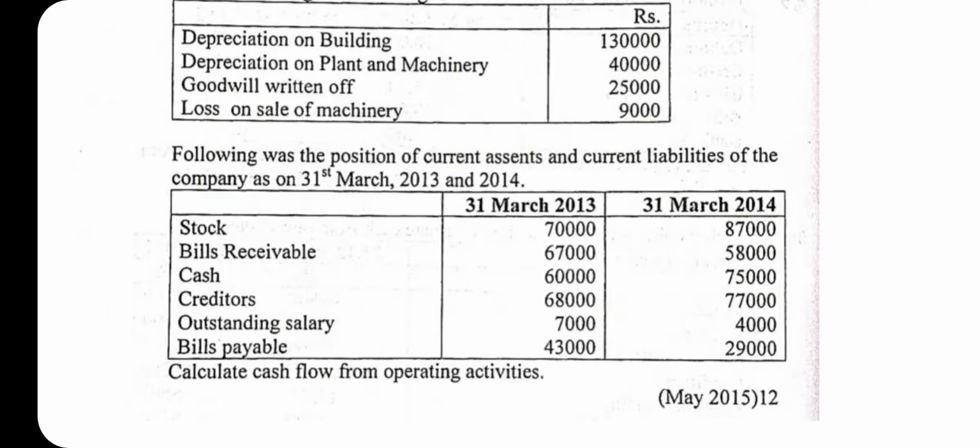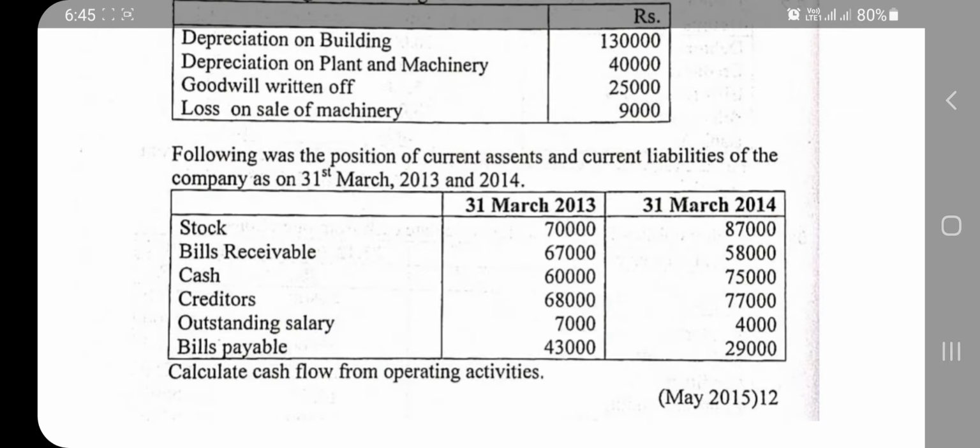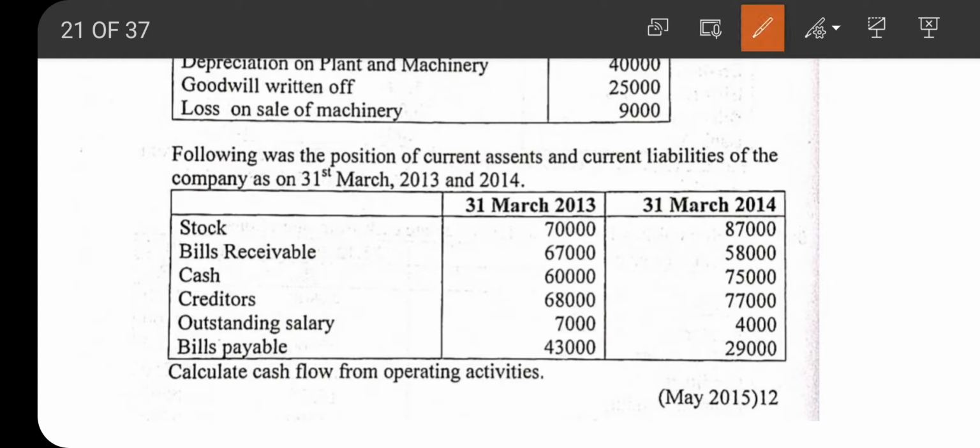Following was the position of current assets and current liabilities of the company as on 31st March 2013 and 2014. So in the first column they have given you the different assets and different liabilities, and the amounts as on 31st March 2013 and amounts as on 31st March 2014.